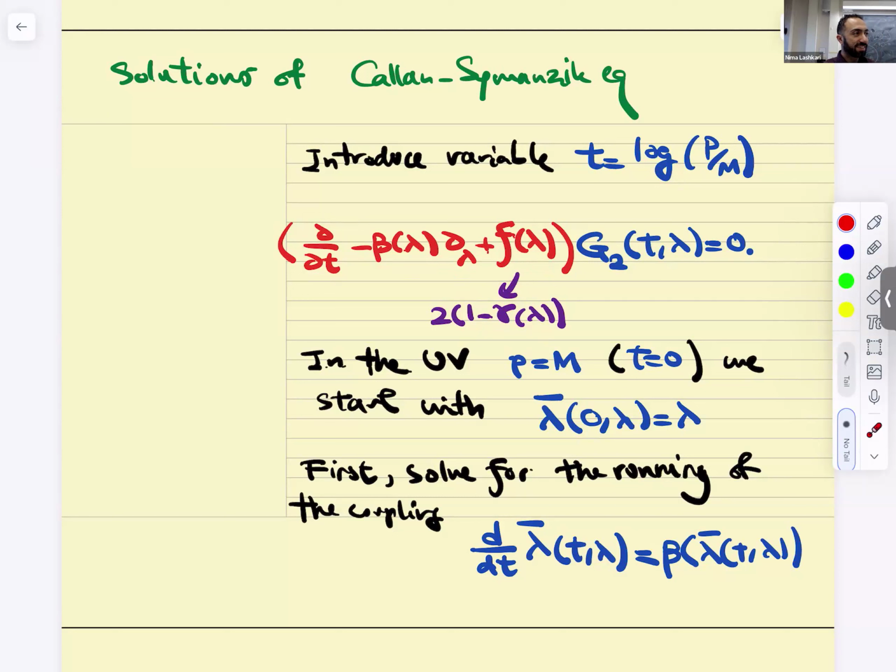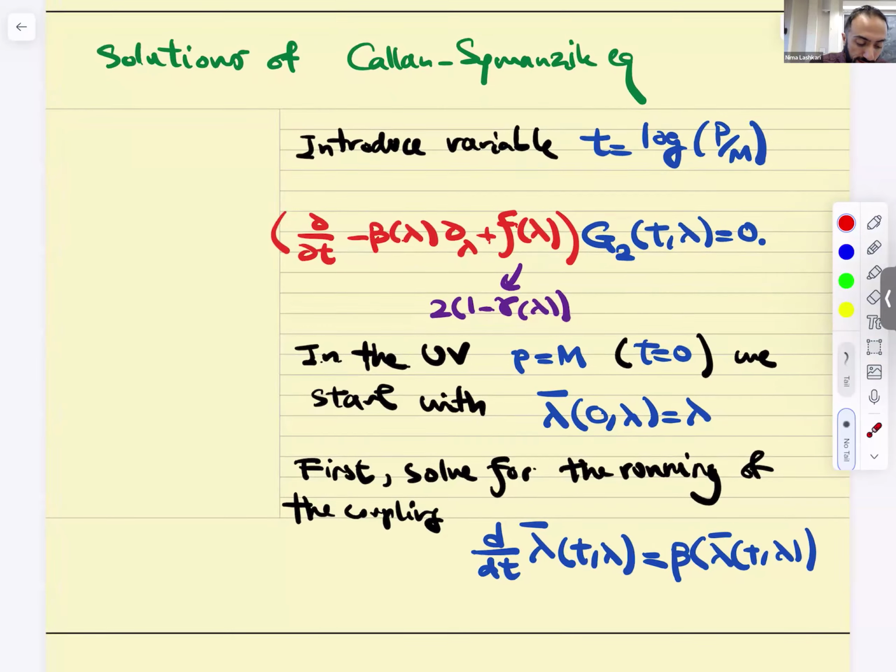This is just the dimensionality of this G2. Every time you see these expressions, it's good to analyze them again. This comes from the fact that we wrote down Callan-Symanzik for dimensionful couplings, then we wrote it down for dimensionless couplings.